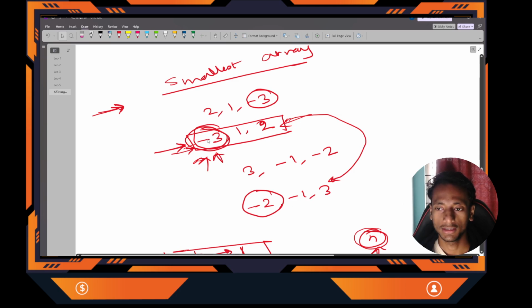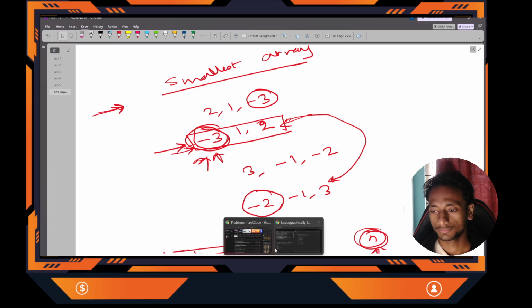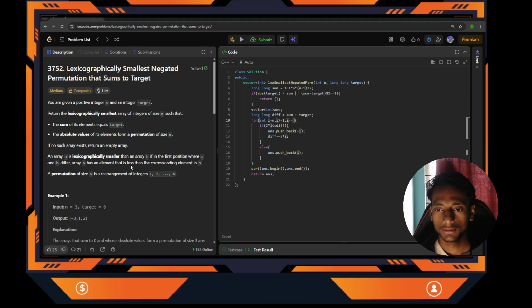But for the array -3, 1, 2, I have the smallest array, because when I sort it, I have the smallest value at the front, -3. Here I have -2. So that's why I will try to convert the maximum value to negative.